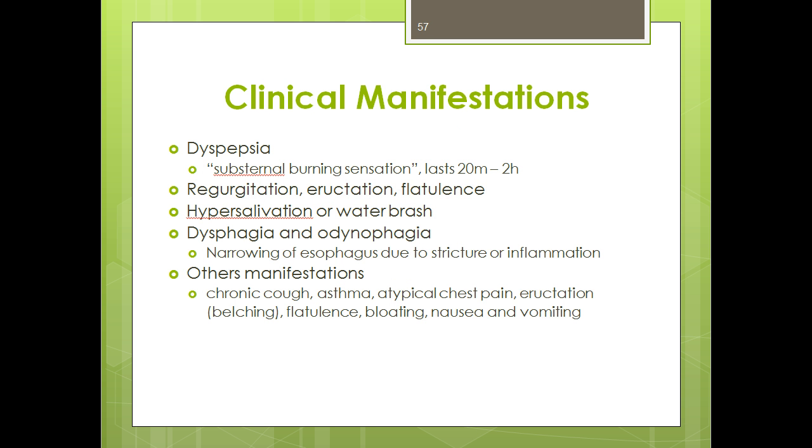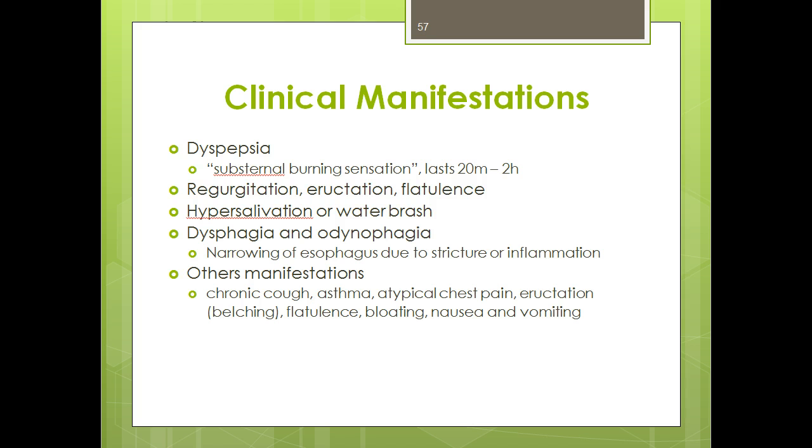The clinical manifestation is that a person usually has dyspepsia, which is a substernal burning sensation that usually lasts anywhere between 20 minutes to 2 hours. They usually have regurgitation, flatulence, those types of problems.